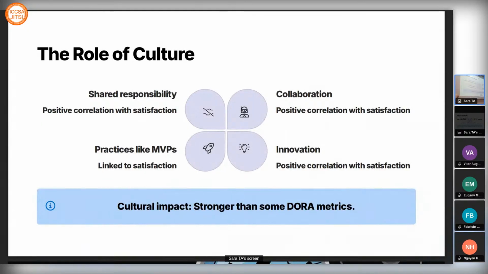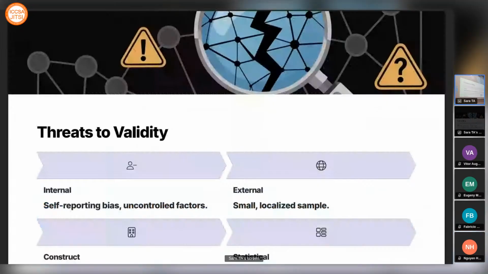We have threats to validity as well: internal, external, construct, and statistical. Internal, we have a self-reporting bias, so people are responding by themselves. External, we have uncontrolled factors, and a small, localized sample.